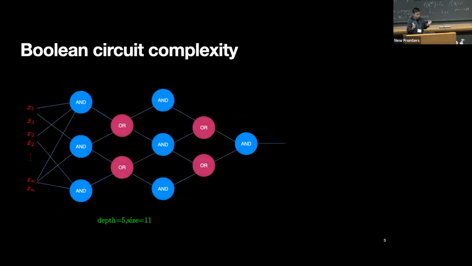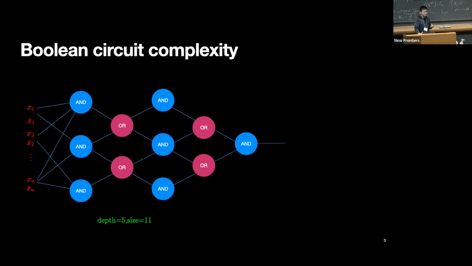And the Boolean circuit consists of these two basic gates. Here we also allow the NOT gate at the beginning of the circuit. For the circuit, we consider two basic quantities. One is called depth, which is defined as the number of layers in the circuit.